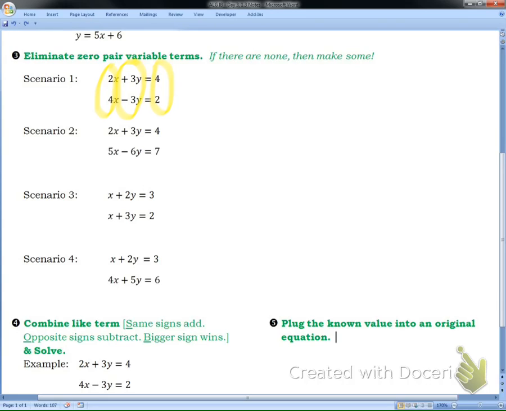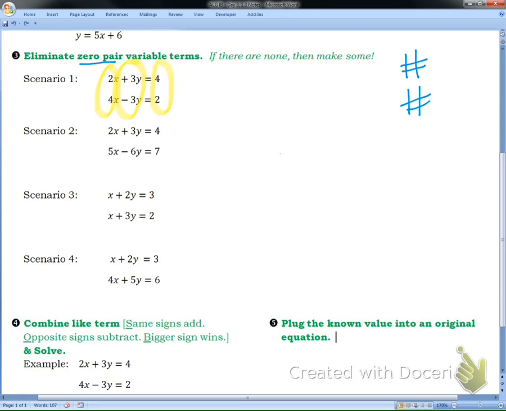Now, what this scenario means is that you're looking for zero pairs. In this equation, we have a zero pair. Do you guys recognize it? Do you remember what it means to be a zero pair? A zero pair means that the numbers are exactly the same for the same variable.